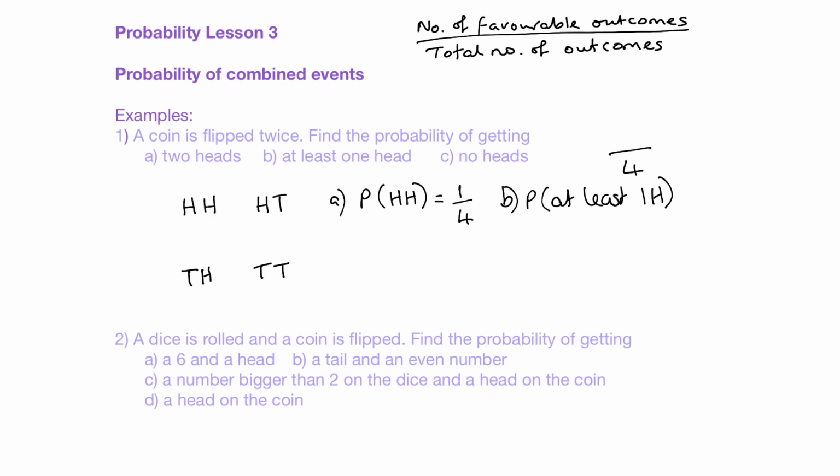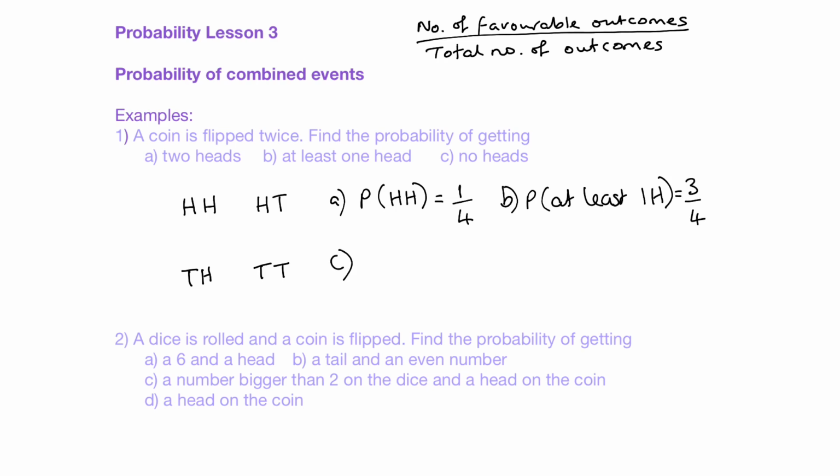Okay, well, let's get rid of that, it's in the way. If we think about that, at least 1 head, so that would be this one, because that's at least 1 head. That's at least 1 head. That's at least 1 head. That's not. So that, remember, is 3 out of 4, 3 quarters.